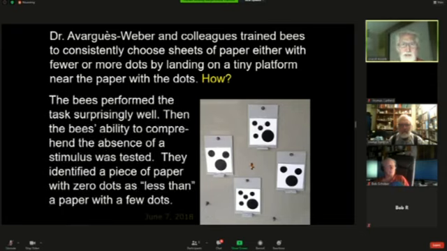And the bees would consistently be able to comprehend the absence of the dot and go to the place where there was no dot and the nectar was there. Fascinating, beyond belief.